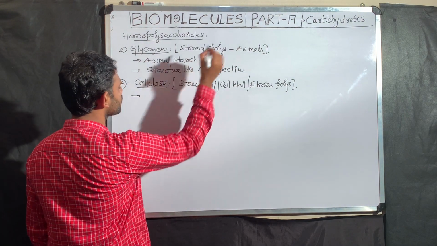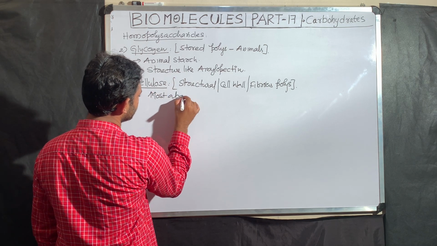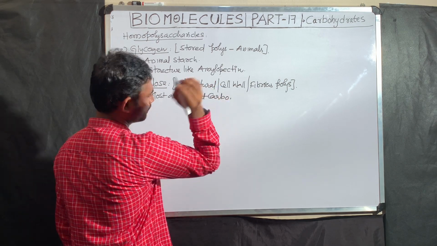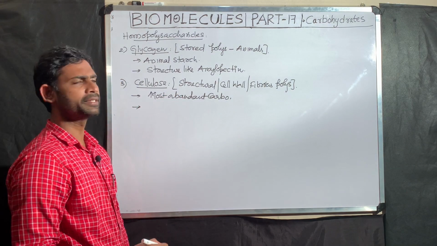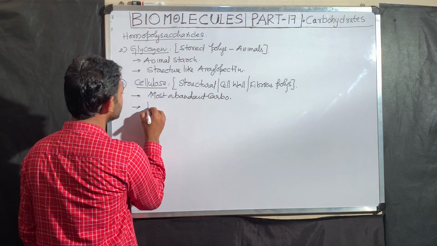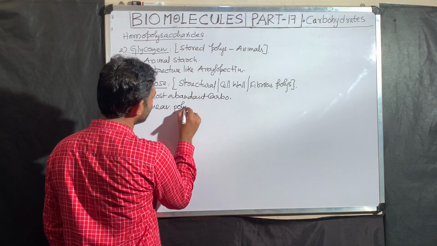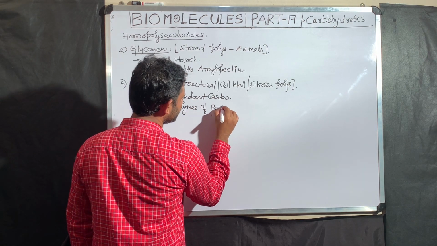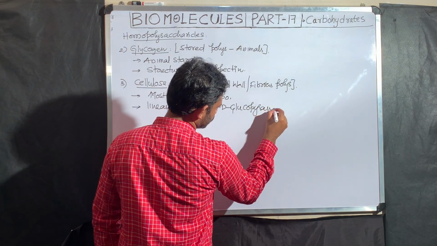First point is that cellulose is the most abundant carbohydrate. The next point, the structure of the cellulose is a linear or unbranched polymer of beta D glucopyranose. So this is different.